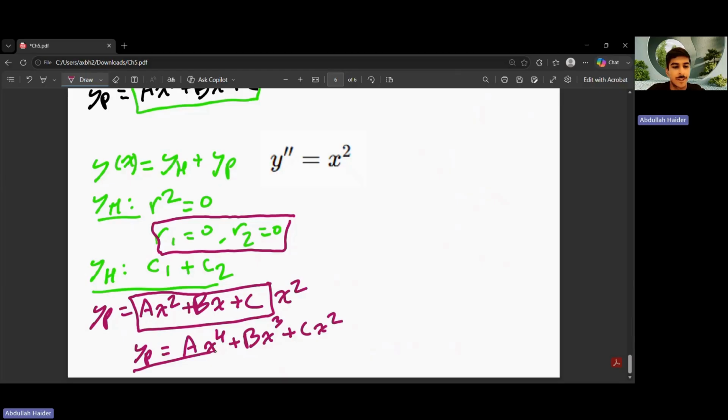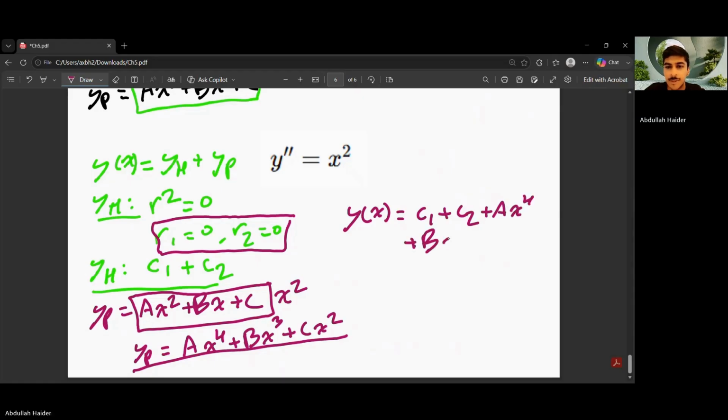This is the final particular solution, and y of x is c1 plus c2 plus ax power 4 plus bx power 3 plus cx power 2. This is the final answer.